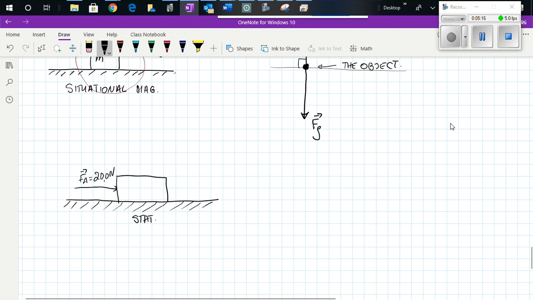I will just put a number there. Now, the object again has a given mass. It doesn't really matter what the mass is for now.